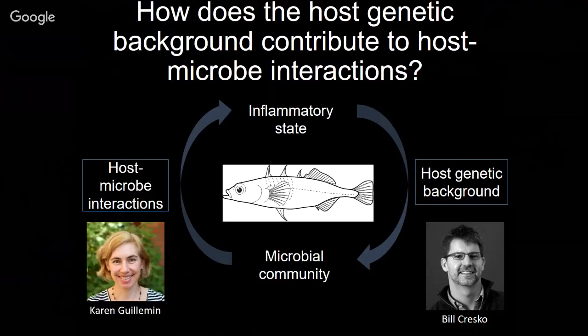And we developed this model for Threespined stickleback to use Karen's expertise in host microbe interactions and Bill's expertise in host genetic background influences to determine how the host genetic background contributes to host microbe interactions. And the reason that we're using Threespined stickleback is because they have an awful lot of natural genetic variation.